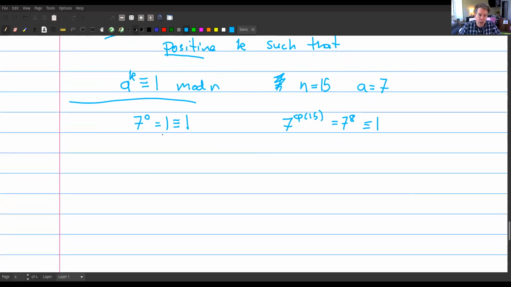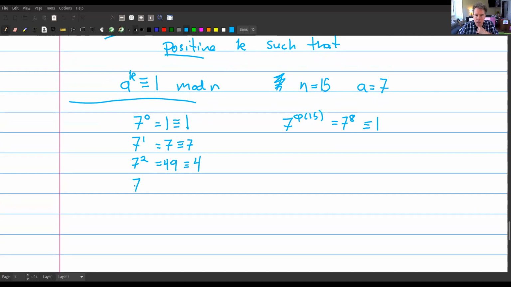So let's keep going. 7 to the 1 is 7. Then 7 squared is 49, which is what mod 15? 15 goes into 45, so that's 4. Great.